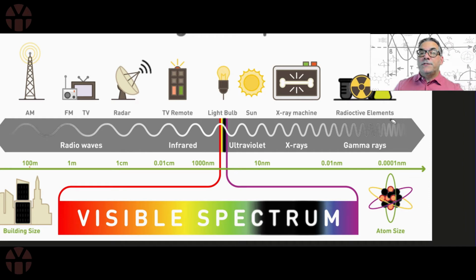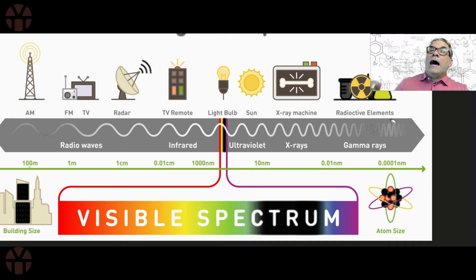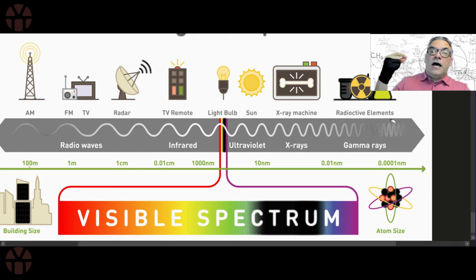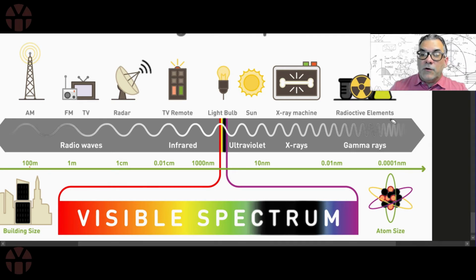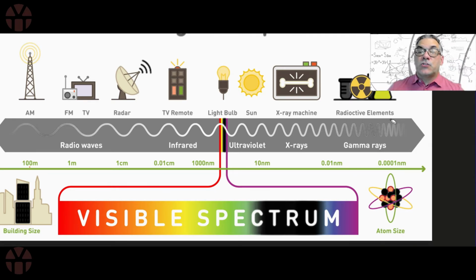Now, important tidbit. How fast does an FM radio wave travel in space as opposed to, let's say, an X-ray or a gamma ray or a visible light ray? And the answer is they all travel at the same speed.